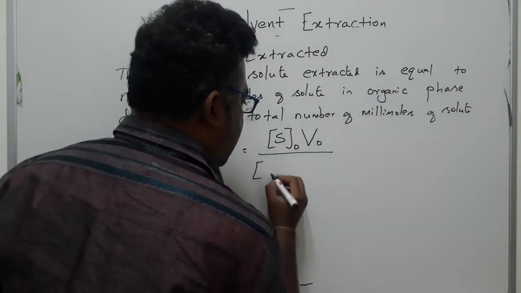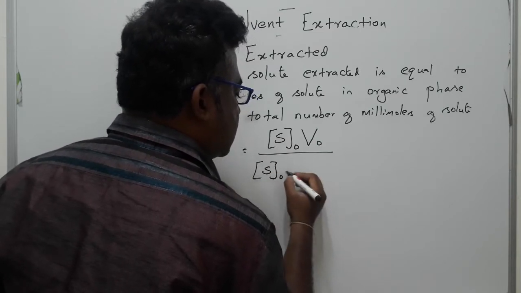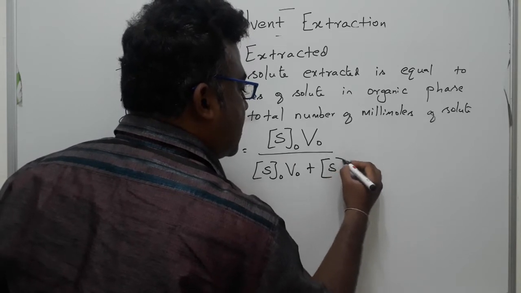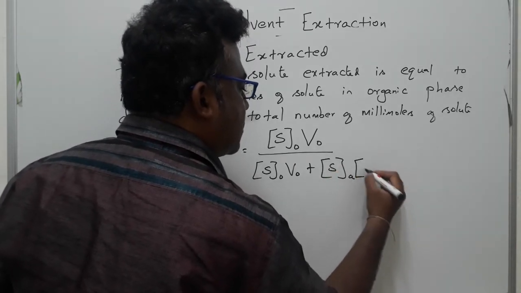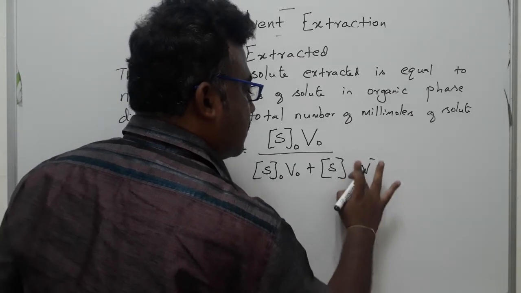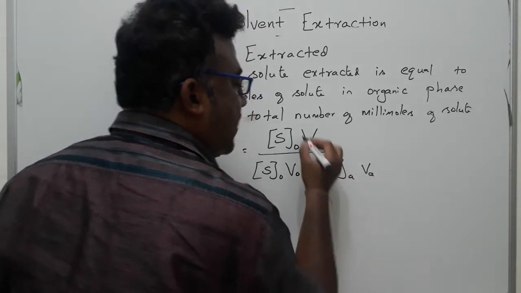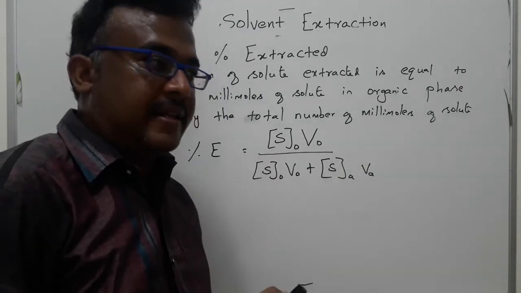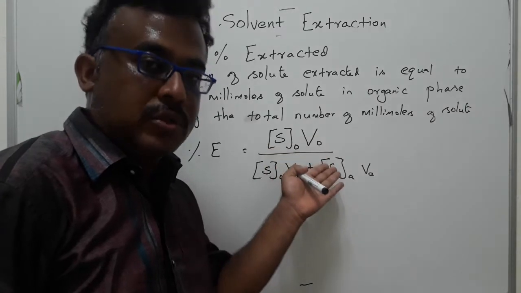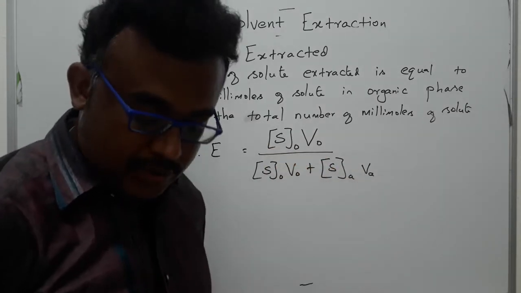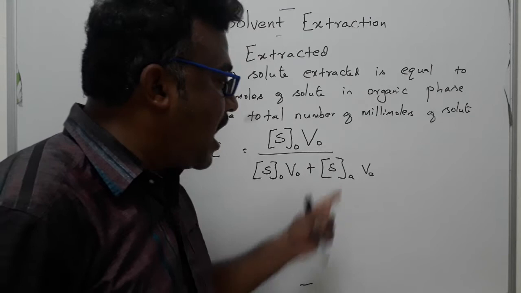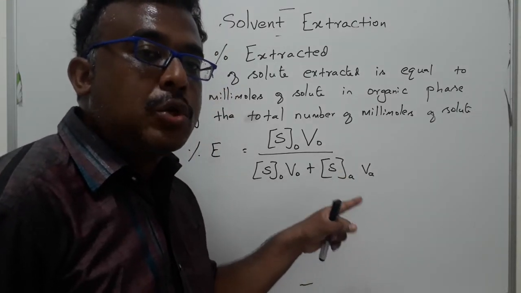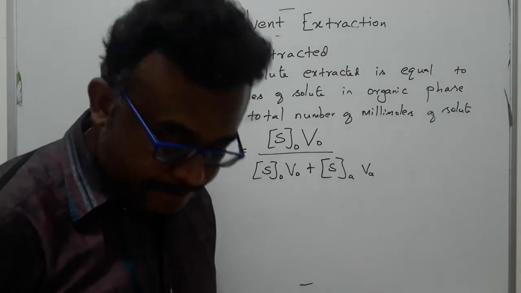That is concentration S0 times V0 plus the concentration of solute in the aqueous layer times the volume of aqueous, Va. V0 and Va are the volumes of organic and aqueous solvents used in the extraction technique.